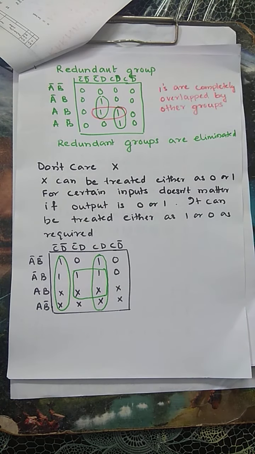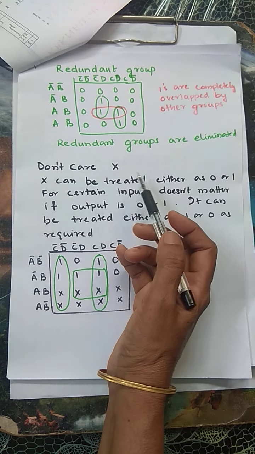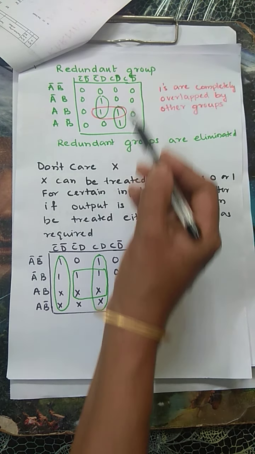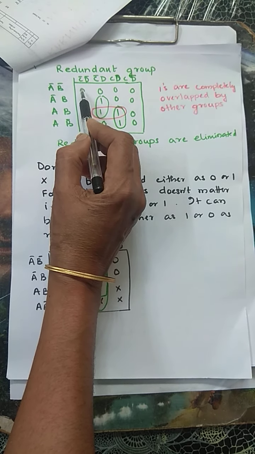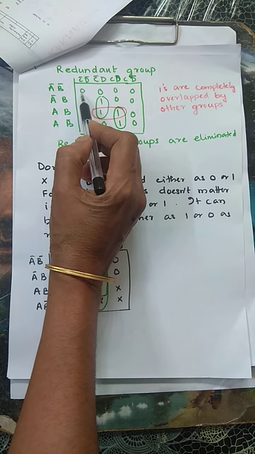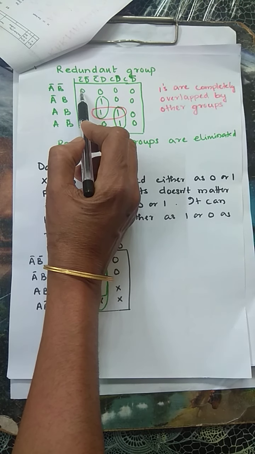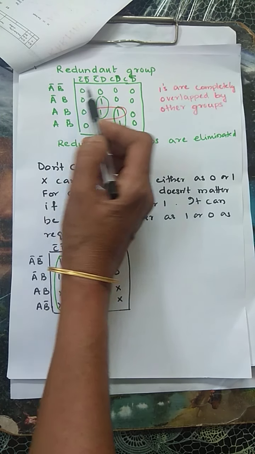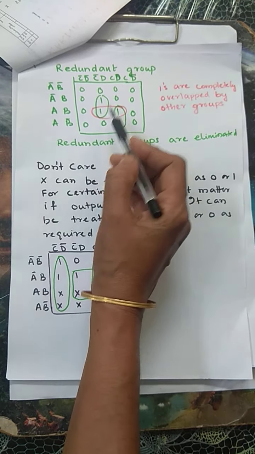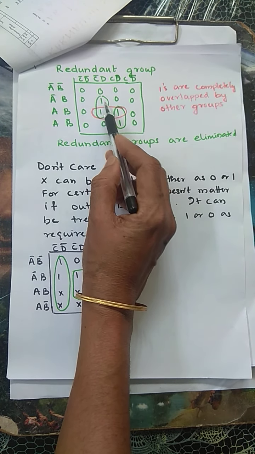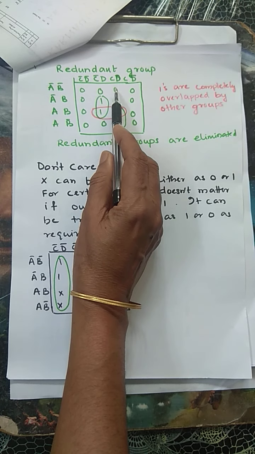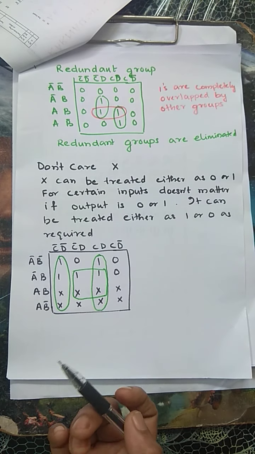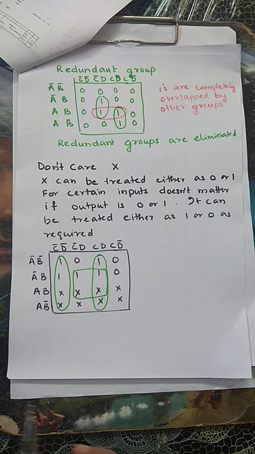Now one more condition is there, don't care. In some logics, suppose at this place A complement, B complement, C complement, D complement, even if you have 0 or even if you have 1, it does not affect the output of the circuit, because your logic depends only on these two outputs. So for the other inputs which are not relevant, whether it is 0 or 1, if it does not affect your output, you call it a don't care situation.